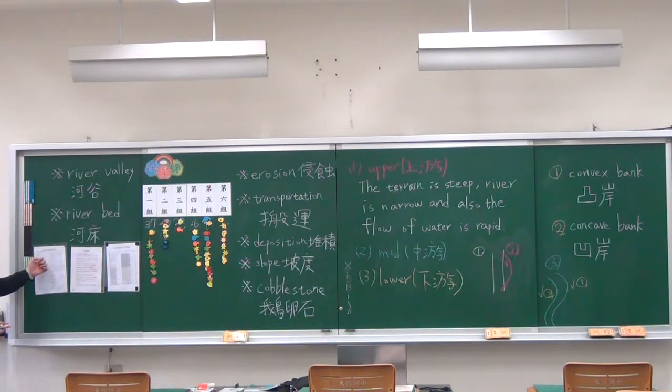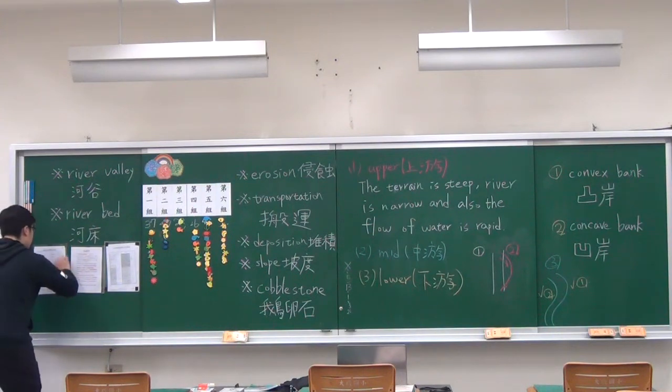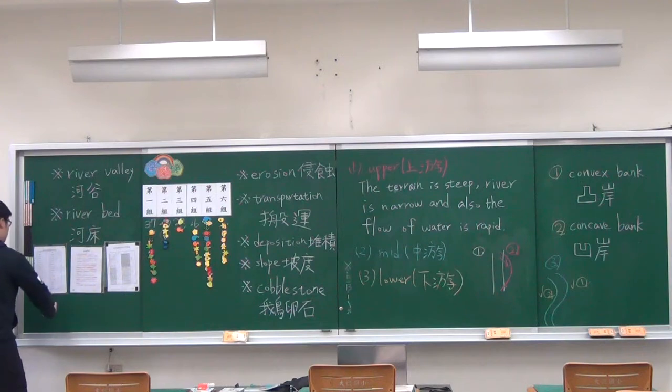The river is relatively wide, and the flow of water is relatively gentle. Last but not least, the lower part of the river: the terrain is the most gentle, the river is the widest, and the flow of water is the most gentle. And group A has included the convex bank and also the concave bank. So group A, the answer is perfect, right?